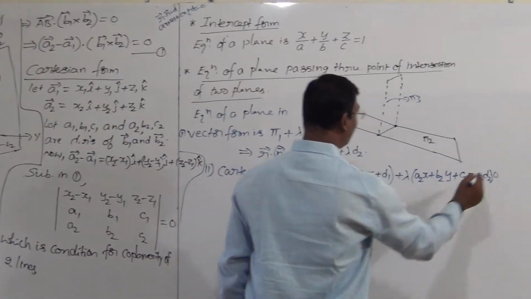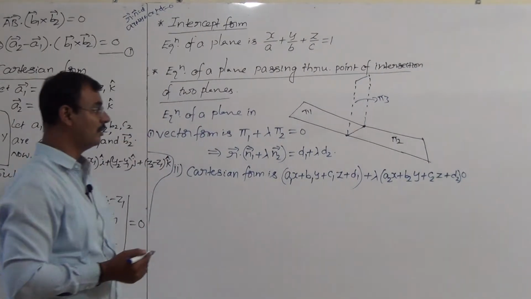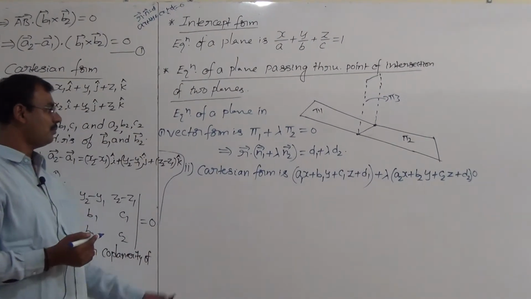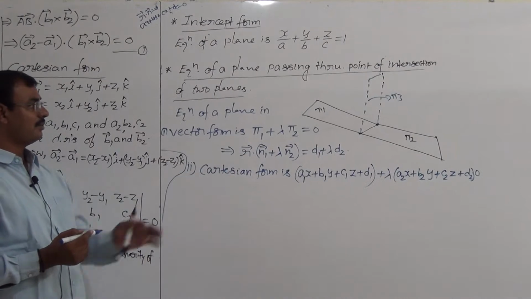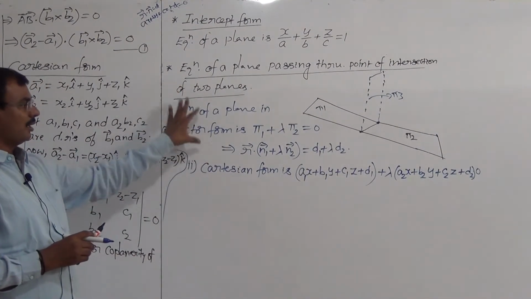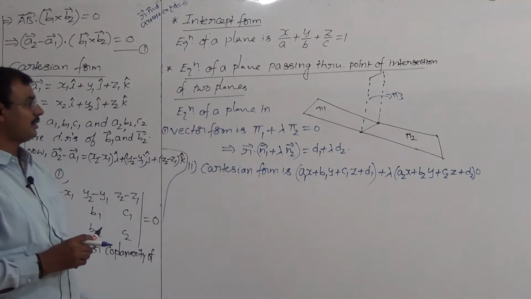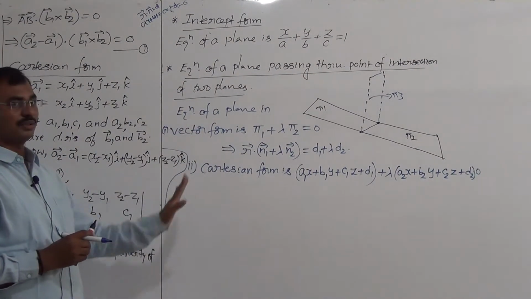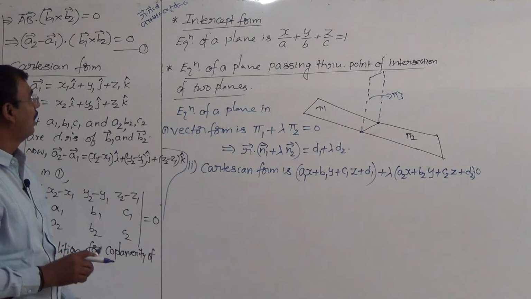This is called the equation of a plane passing through the line of intersection of two planes in Cartesian form. Remember all of you, these two formulas are very important. We have to solve the questions in the exercise.